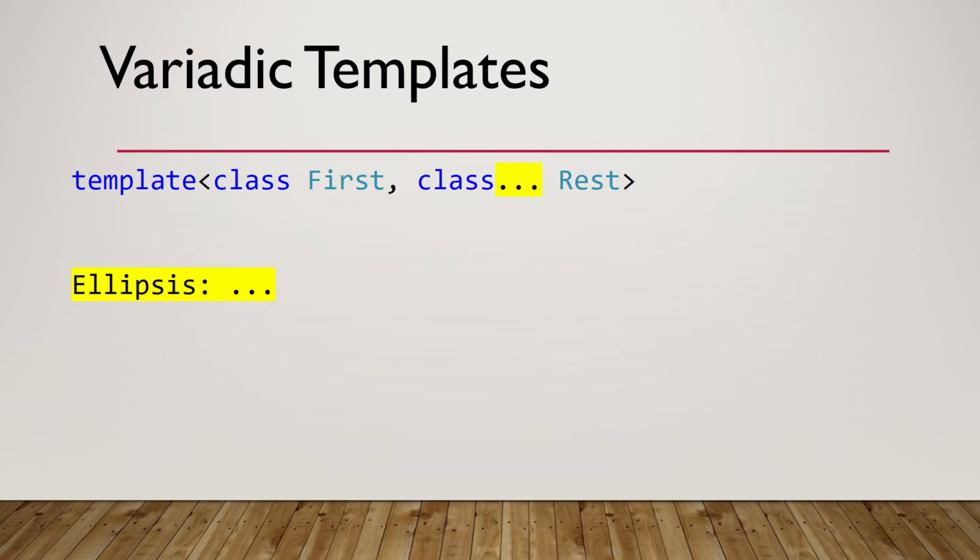This is how it can be defined. The first type is class First, which indicates there's at least one argument. The rest of class types for the template are declared with ellipses. Let's call them collectively with the name of Rest.